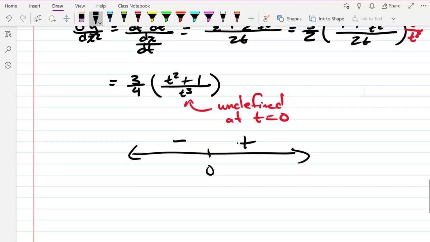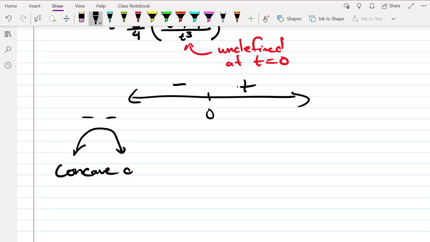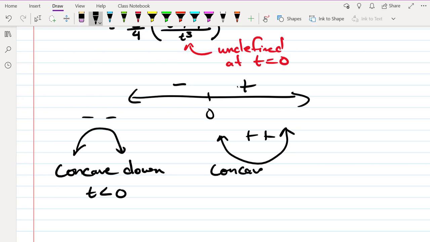So that tells us that our graph is going to be concave down for t less than 0, and it's going to be concave up for t bigger than 0.